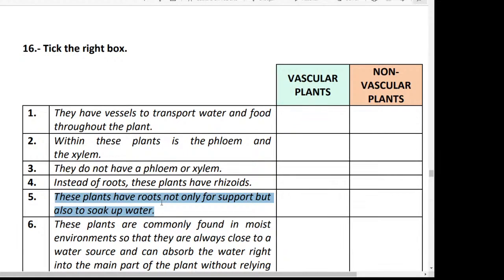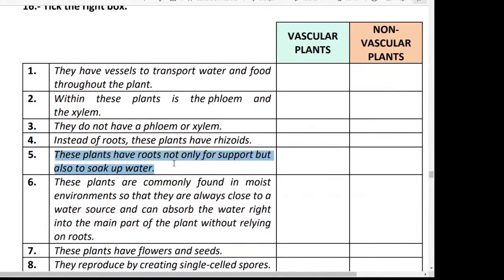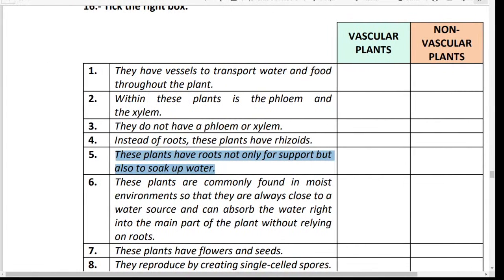So number 5. These plants have roots not only for support but also to soak up water. Talking about plants with roots, what do you think, vascular or non-vascular plants?